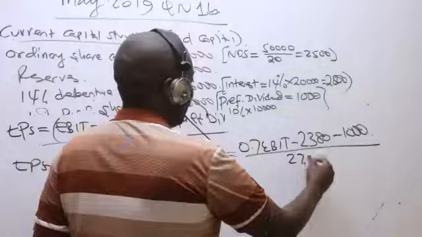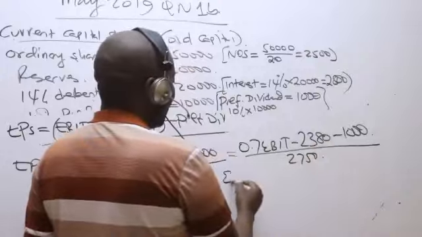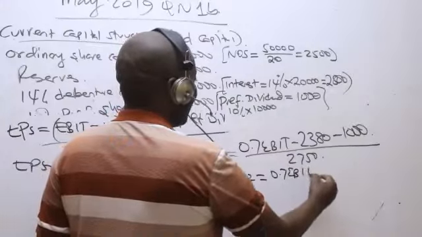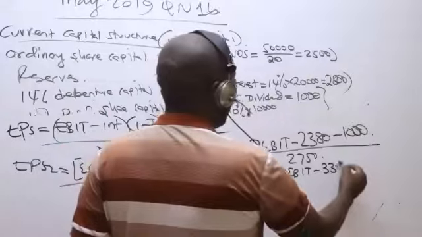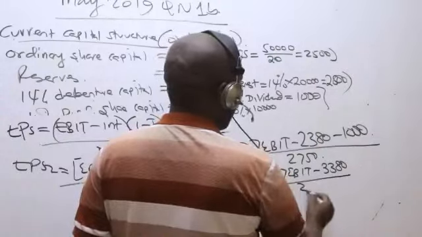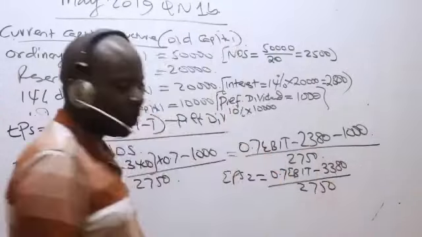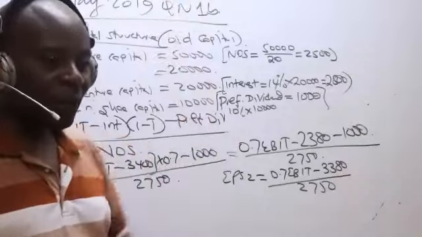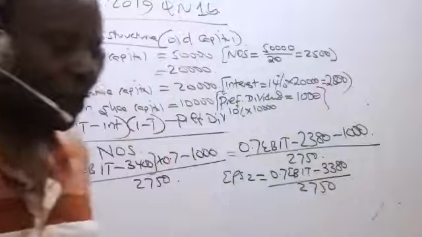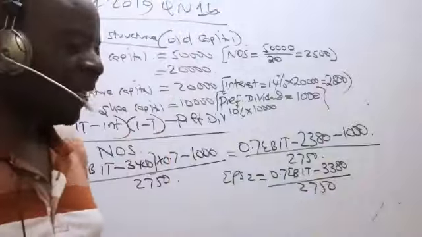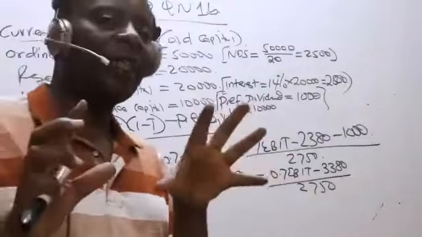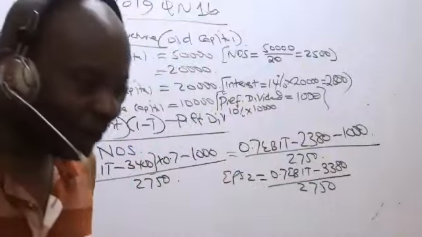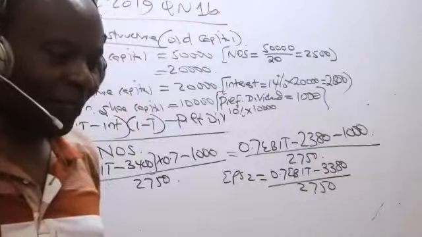So our EPS2 basically will be 0.7 EBIT minus 3,380 all over 2,750. Are we correct up to there? So what do you think will be the next thing to be done? Hey, you bright students, what do you think will be the next thing to be done?